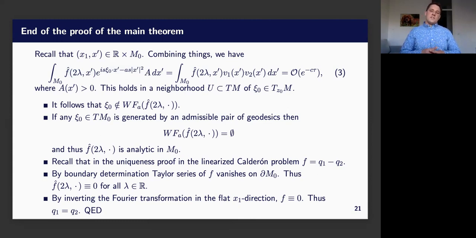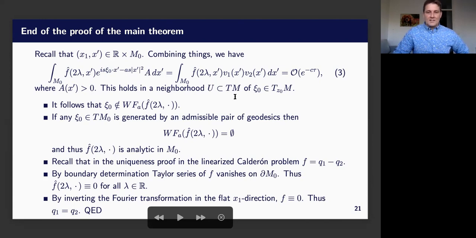Now if we vary the geodesics a little bit so that they intersect not at the point Z0 but a little bit away from Z0, and also perturb the direction of the geodesics a little bit, the sum of the velocity vectors, which was this psi0 here, also varies a little bit. So actually we can make this inequality 3 hold in a neighborhood U of psi0, which is now a set of the tangent bundle of M. And as I guess James asked, this is locally a subset of Rn times Rn.